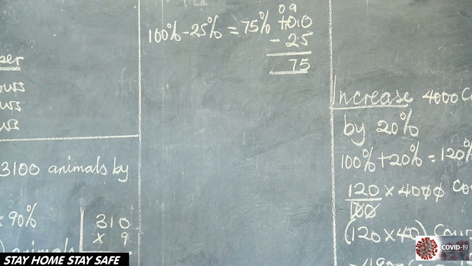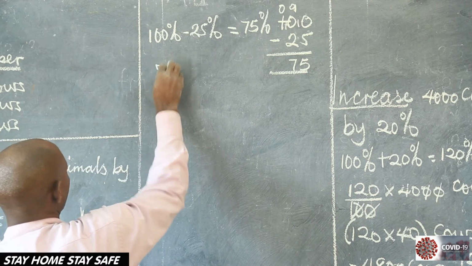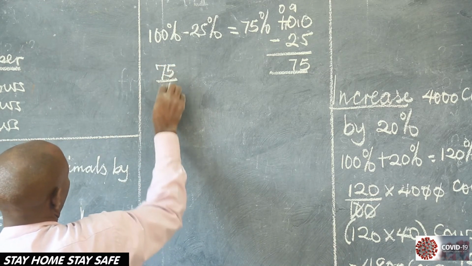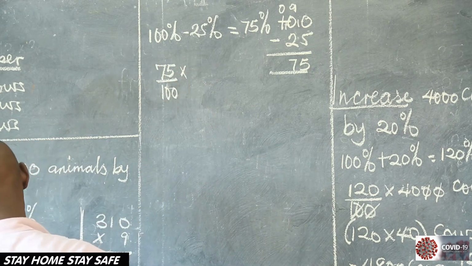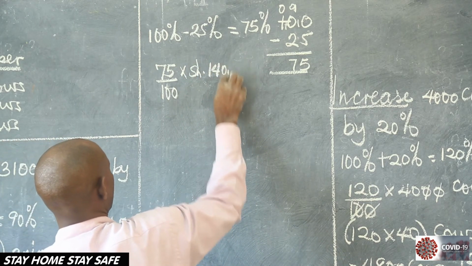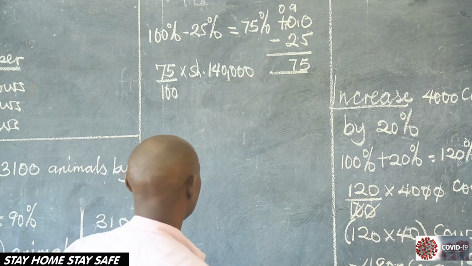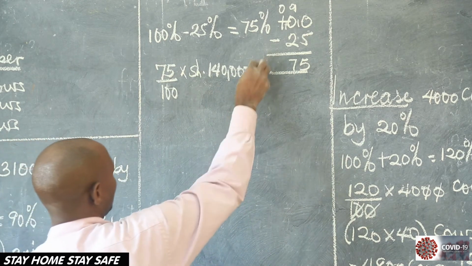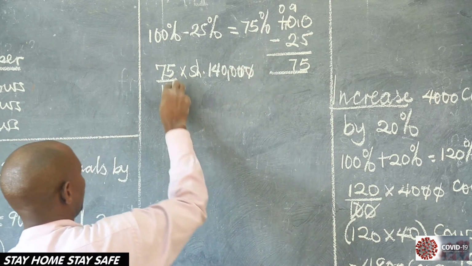Remember, he was supposed to get 100%. But now he's getting 75%. So what is 75% of the money he was getting? 140,000. We can reduce the zeros, this one with this one, this one with this one.